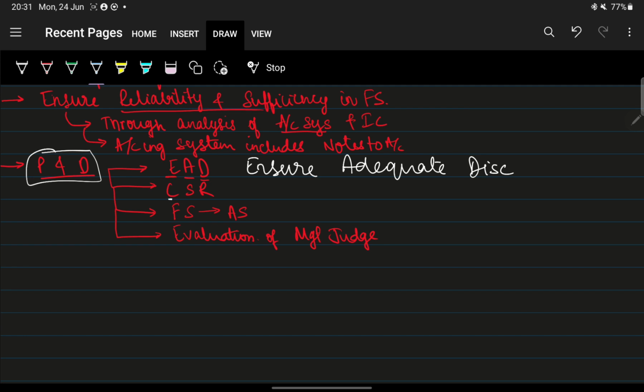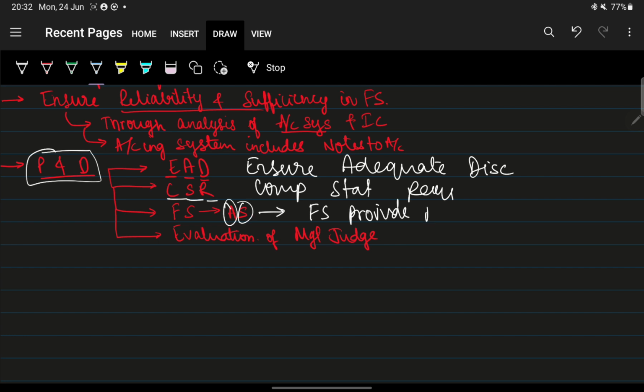Next, compliance with statutory requirements. He ensures compliance with statutory requirements, and he also has to ensure that the financial statements provide an accurate summary of the accounting records.